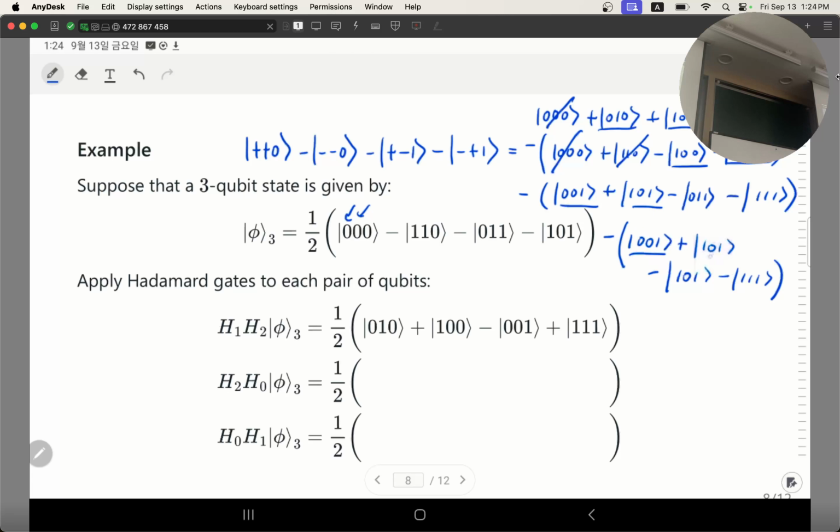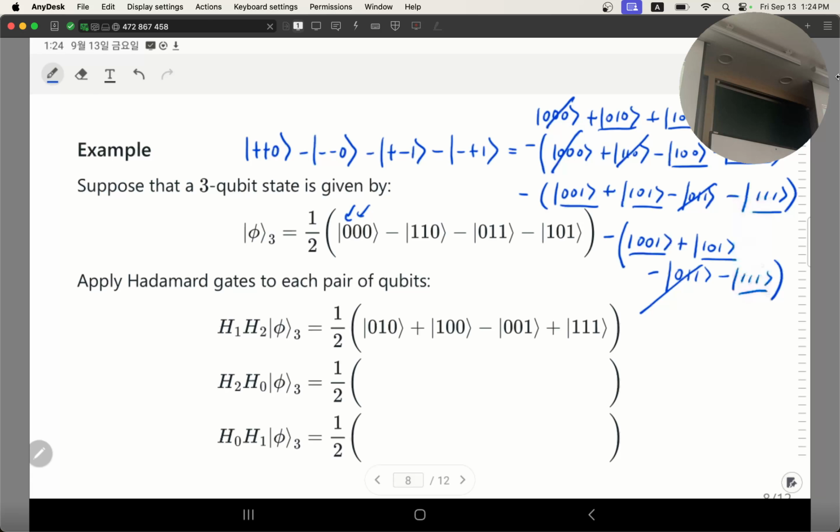I keep this one, and 0, 1, 1. Where is 0, 1, 1? Oh, I counted this twice. Okay, so this one is minus plus. So 0, 1, 1, right? So I have canceled out these two, and I keep these two, right?